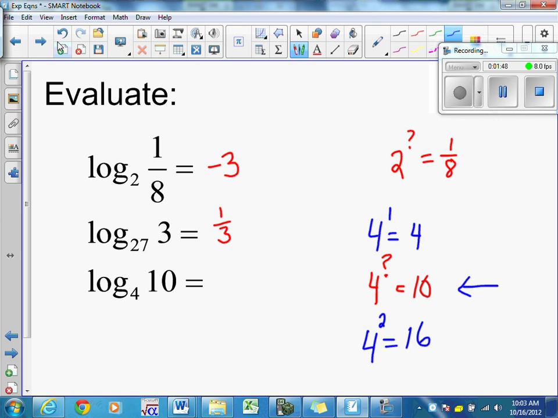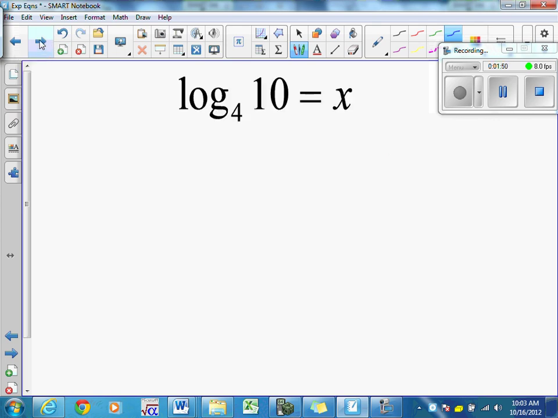Well, before we show you the formula, let's talk about where the formula kind of comes from. Let's say we want to know log base 4 of 10. So we want to determine 4 to what power is 10. Well, if I write that in exponential form, that's 4 to the x equals 10. We've done that most of this chapter. Now, let's use some of our properties of logarithms.